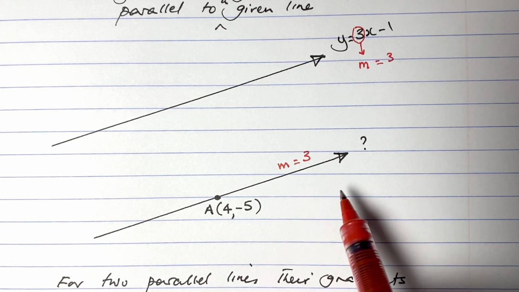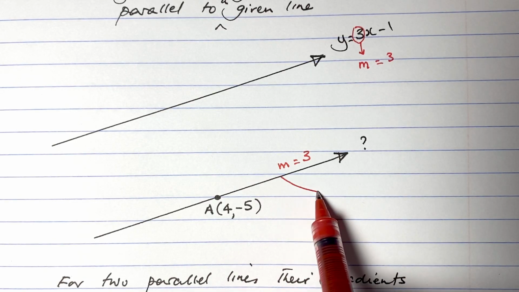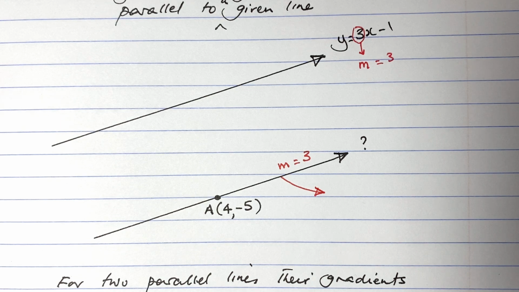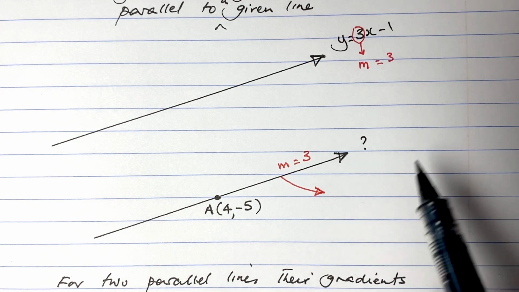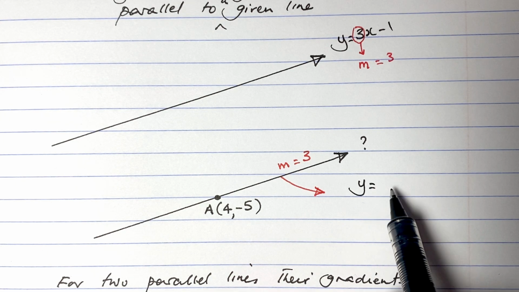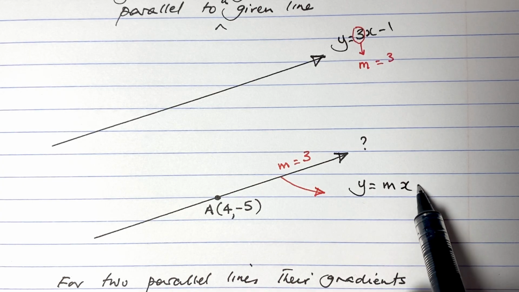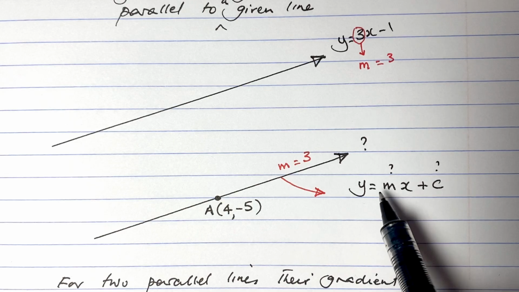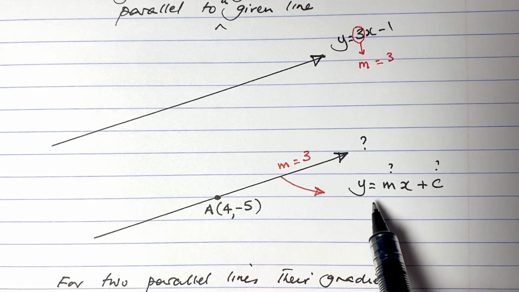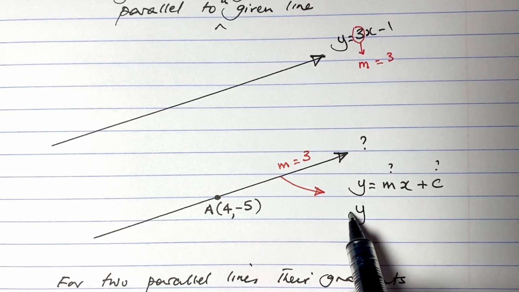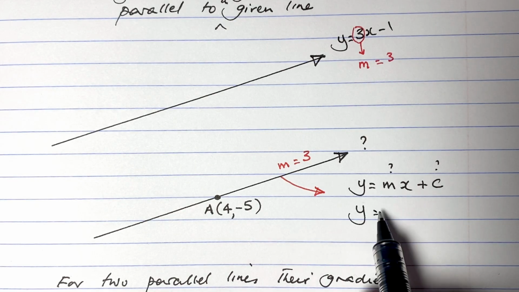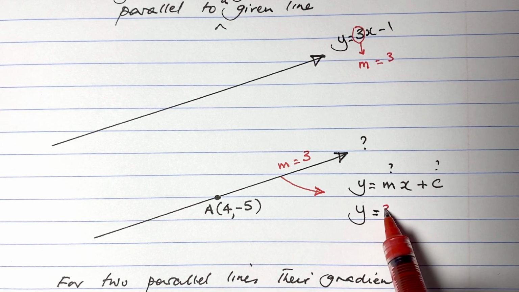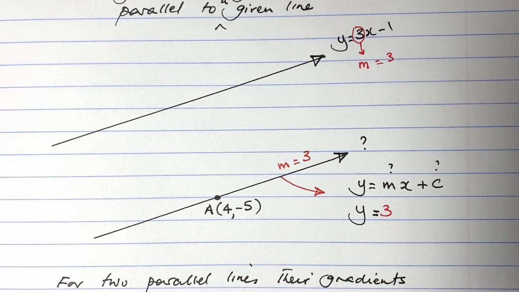So here now I've got part of this equation already formed. Equation of this line is y equals mx plus c, and we only have to find two letters. Already found the m from there. So y equals 3x plus c.